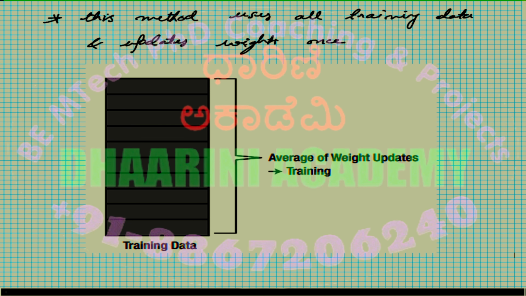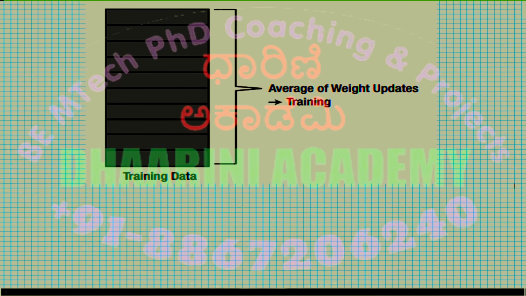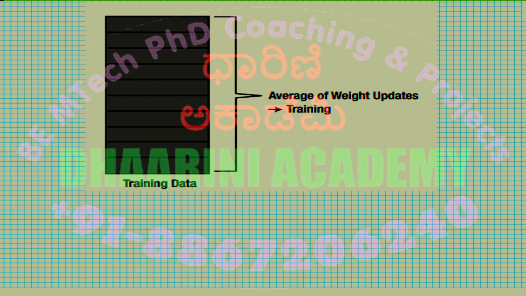But as I mentioned, it is through an averaging function. It will be using an average. So let me write that equation now.